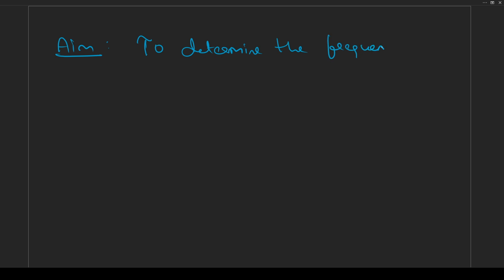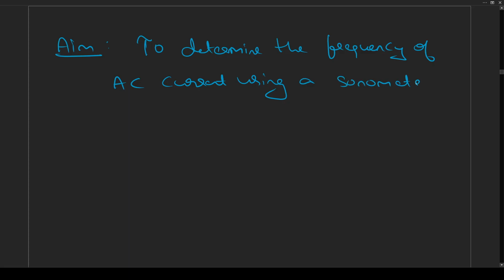Let's see the aim for this experiment. Aim: to determine the frequency of AC current using a sonometer and an electromagnet.